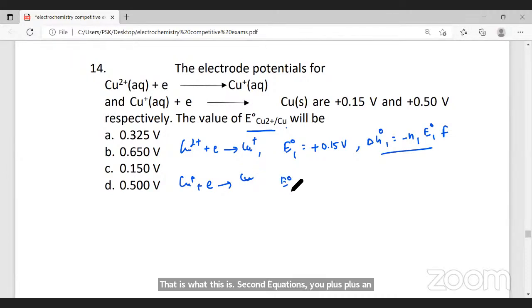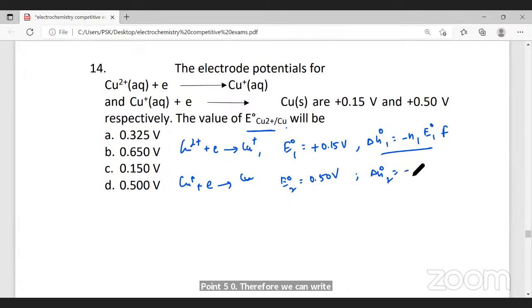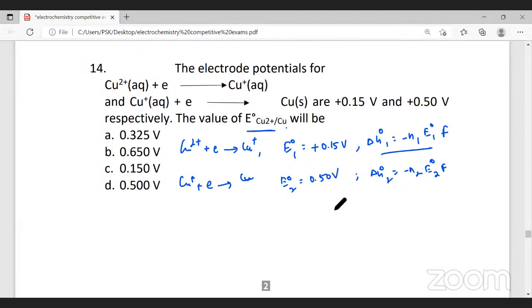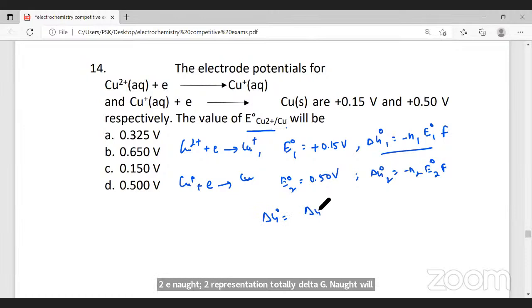So E naught 2 is 0.50. Therefore, delta G naught 2 will be equal to minus n2 E naught 2 F. Totally, delta G naught will be equal to delta G naught 1 plus delta G naught 2. So the total free energy change will be the sum of these.